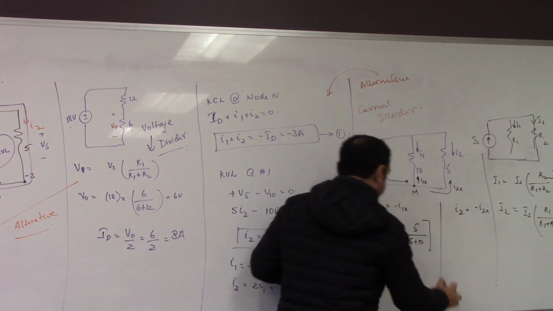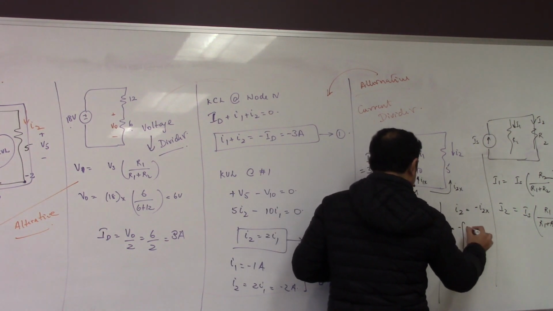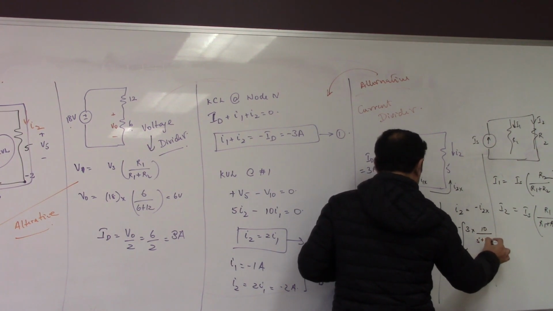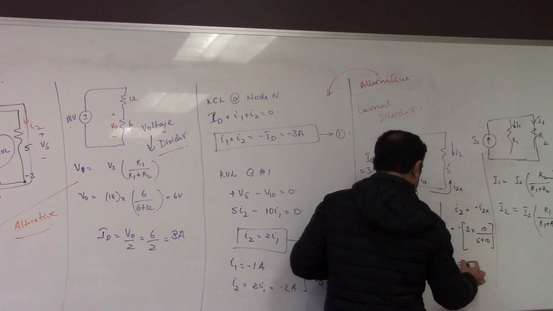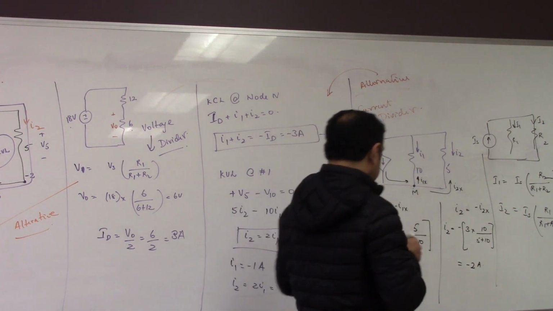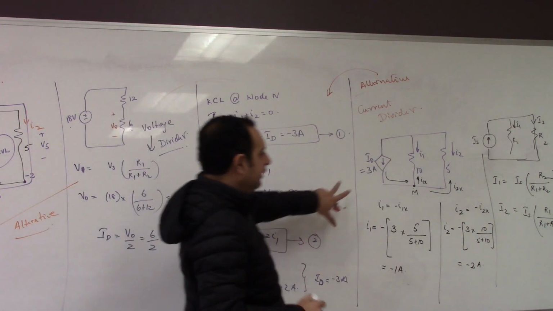Then I2 will be equal to minus 3 times the opposite resistance. So you get the same thing as previously, but this is using the current divider.